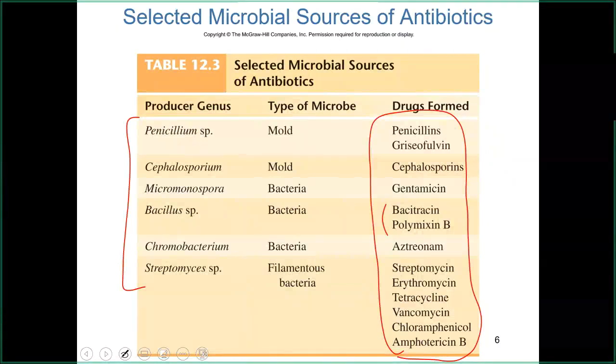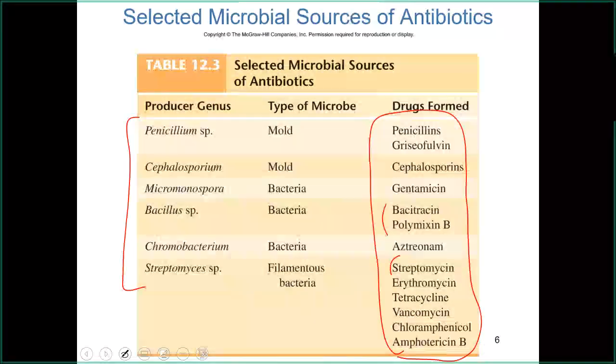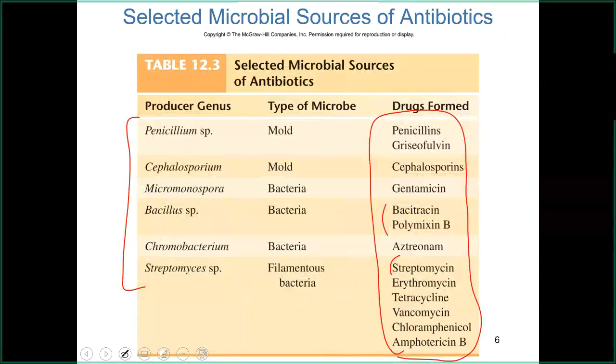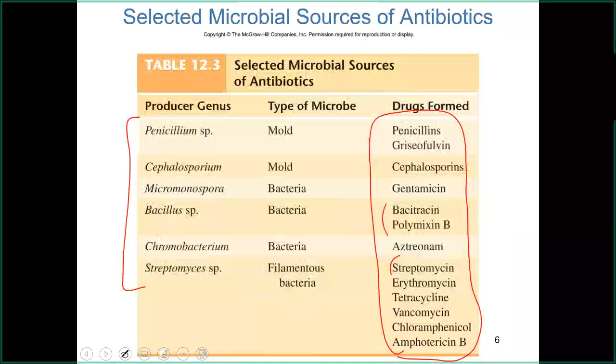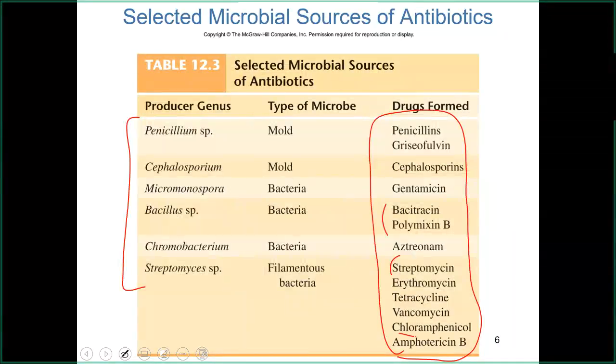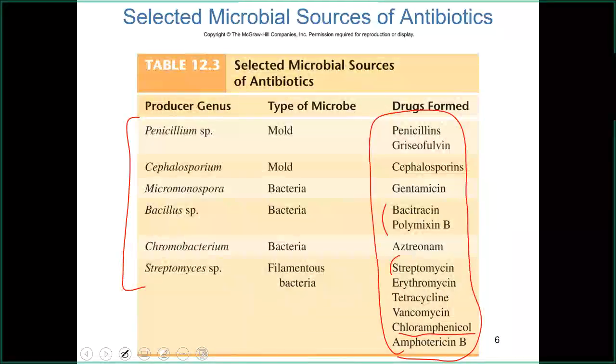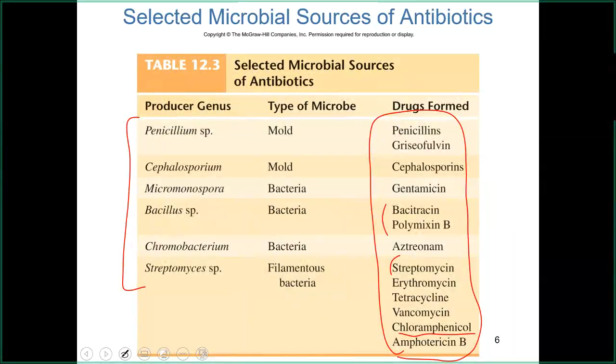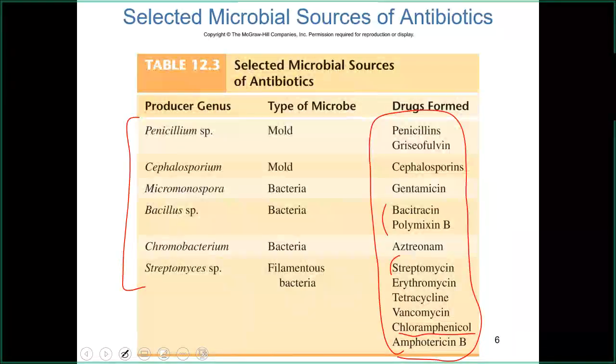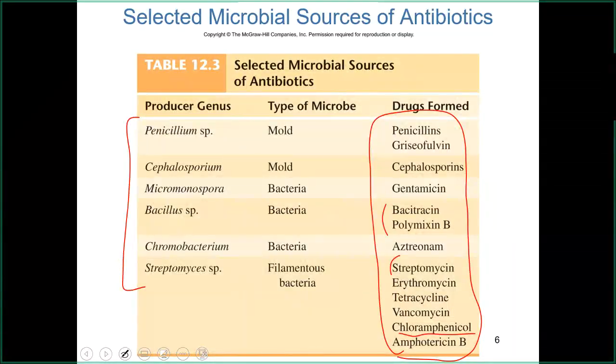You can see the names of the drugs are often related to the forms from which they're taken, like streptomycin from Streptomyces species of bacteria. We'll look at these: erythromycin, tetracycline, vancomycin, chloramphenicol. Now, this is the one earlier that I had in that PowerPoint slide listed as a synthetic. I don't know how that happened, but that's actually a natural product of fermentation of some of these Streptomyces species.